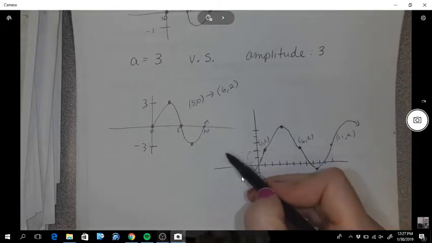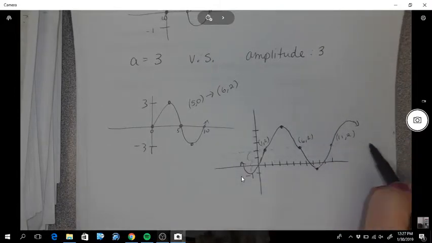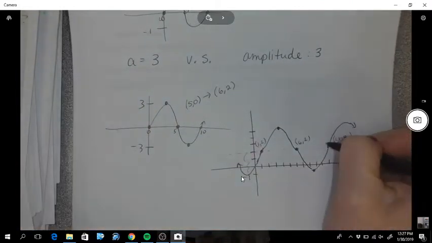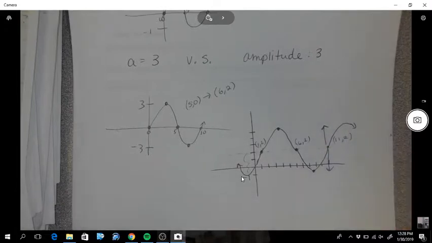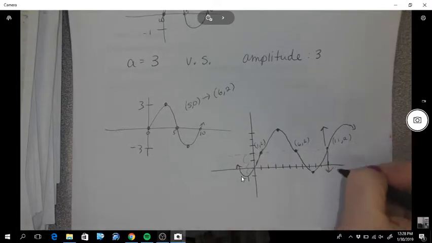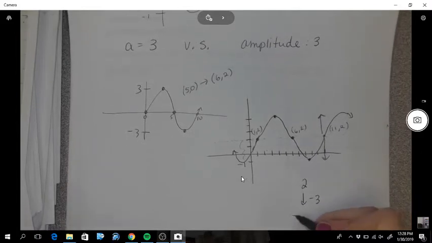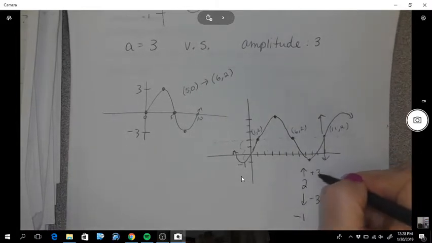Okay, so you can see that this D affects where the center line is, and then the amplitude is that. So you can get a min or max value by thinking about your D value, which is 2, right? And then going down 3 or up 3.